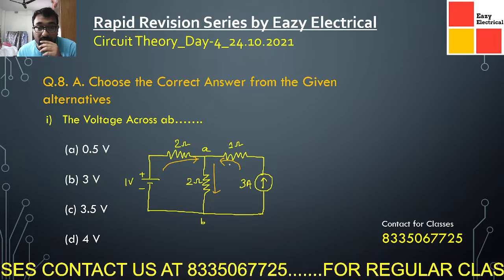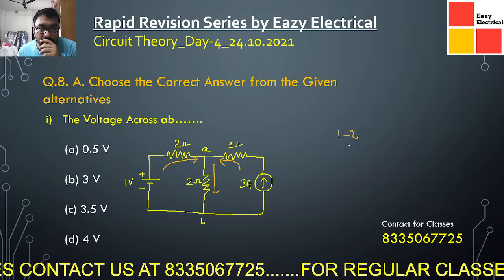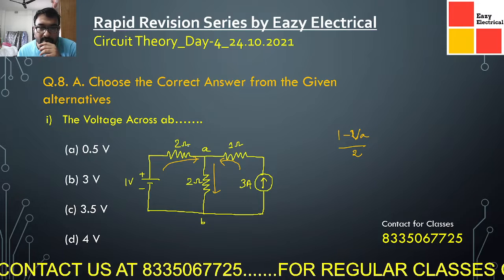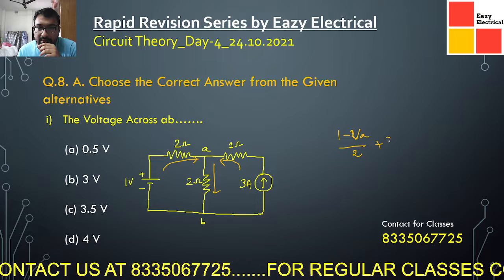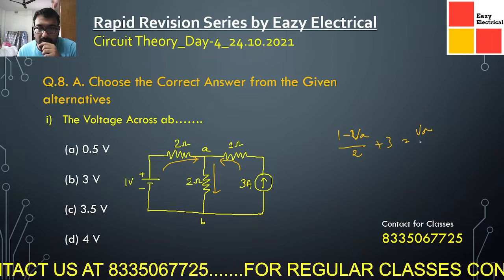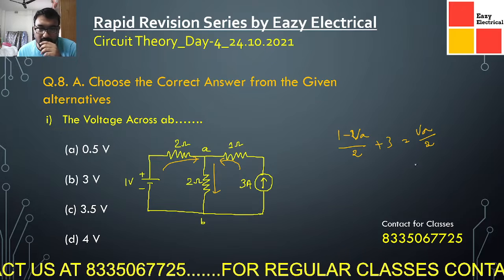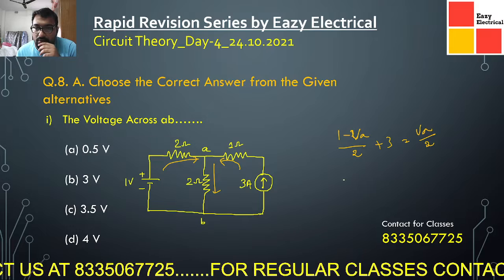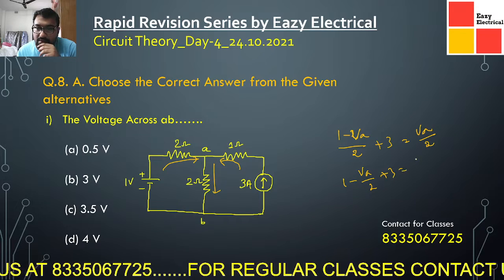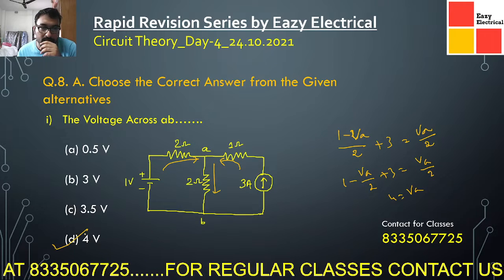So whatever the incoming currents are there, 1 minus VA divided by 2, plus 3 ampere is coming, that equals VA divided by 2. So voltage across AB is nothing but VA. From this, 1 minus VA by 2 plus 3 equals VA by 2. So 4 equals VA. So 4 volt will be the correct answer.